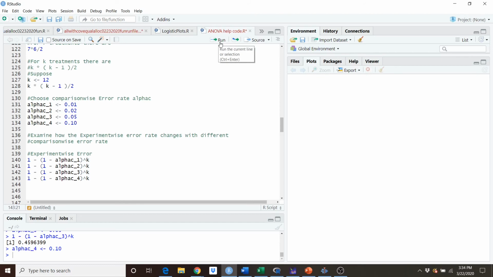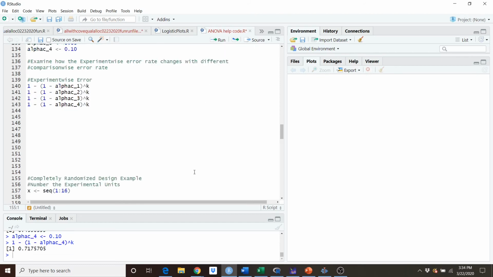Well, with these 12 populations, we get an experiment-wise error rate of 0.7175705. This means that over 70% of the time, we can expect to make an error somewhere in our experiment. This is not good. And so we need to find some type of mechanism that we can use so that we can try to control this experiment-wise error rate and still do our tests.